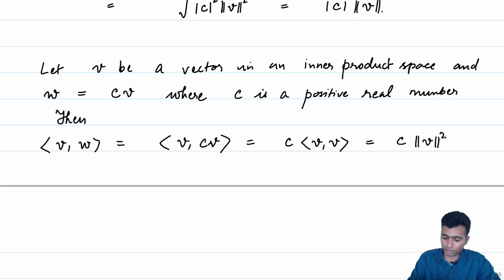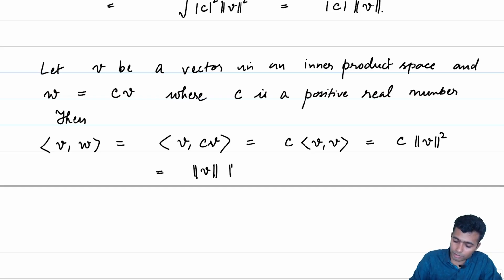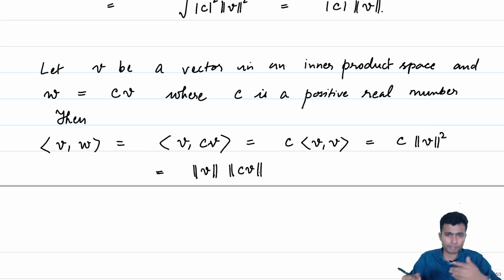But what is norm of V square? This is just equal to norm of V times norm of CV, by whatever we have just checked. Sorry, I am saying norm many times, but I mean length. The length of V times length of CV. But length of CV is absolute value of C times the length of V, and absolute value of C here in this case is equal to C because C is a positive real number.